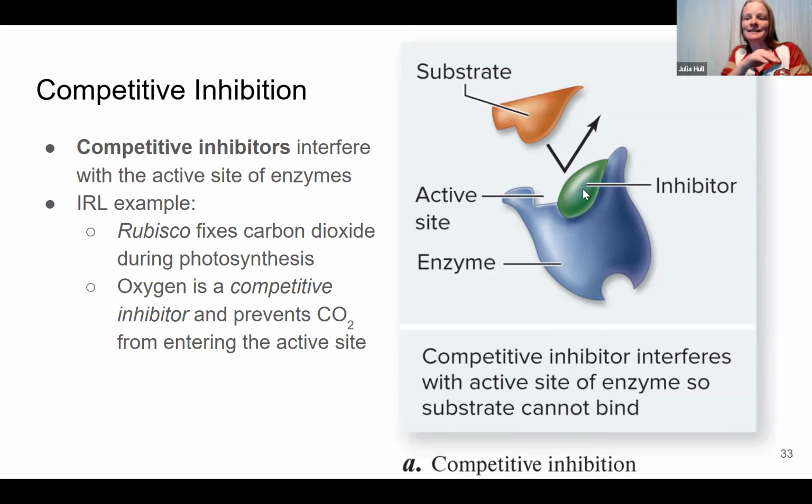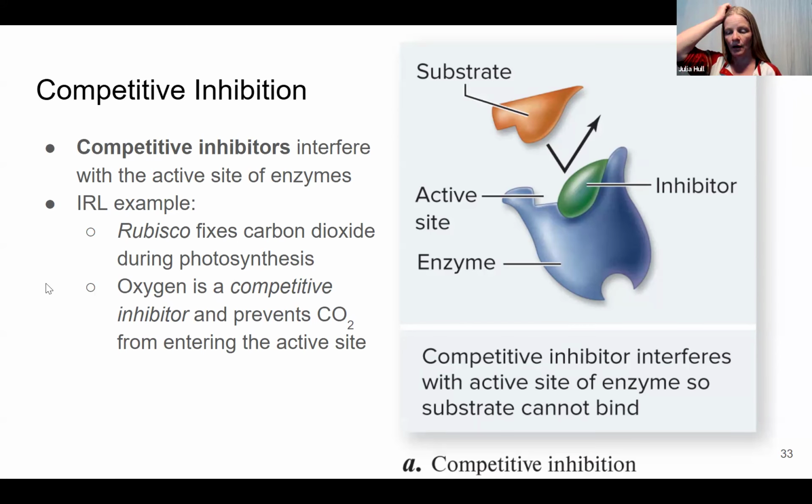But what it's doing is it's sneaking in and getting into that active site before the substrate can get there. And so if this inhibitor is present, the substrate no longer can fit into that active site, and we have less enzyme activity.